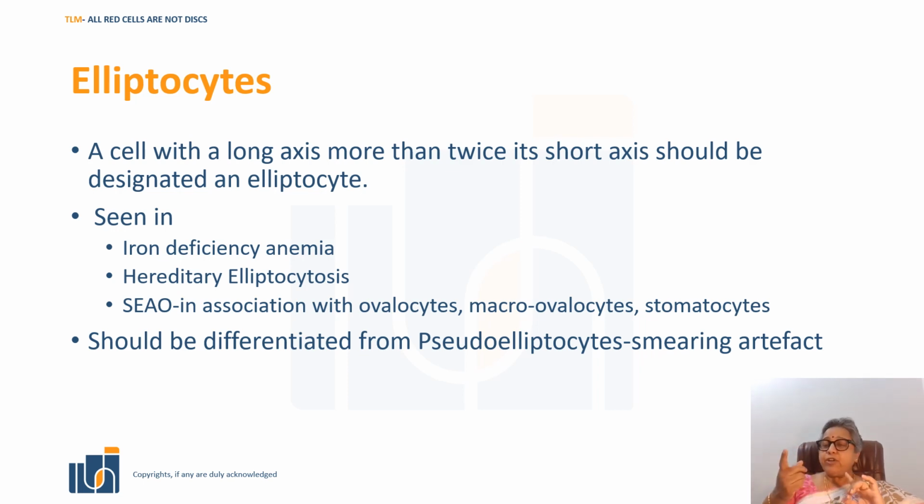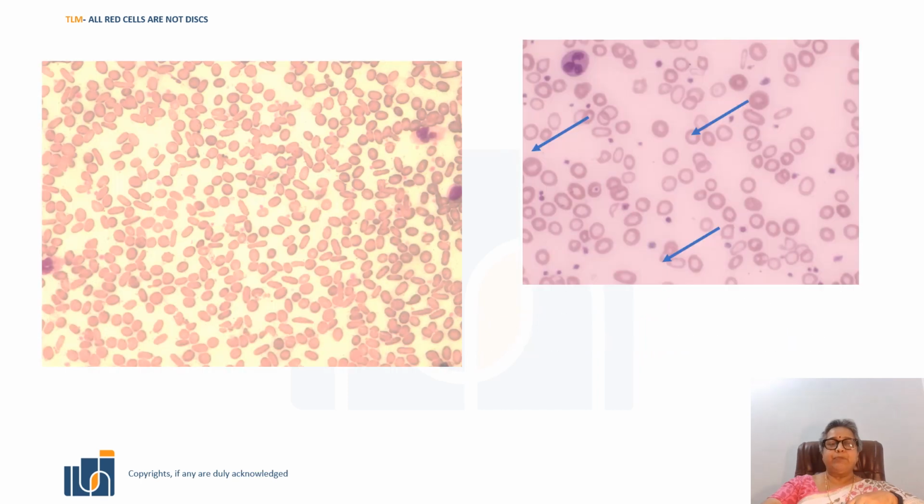And how do you differentiate between a true elliptocyte and a pseudo-elliptocyte? A pseudo-elliptocyte will all be pointing in the same direction, that is in the direction of the spreader. Whereas true elliptocytes will be in all directions. This is something that you need to keep in your mind all the time when you're reviewing smears.